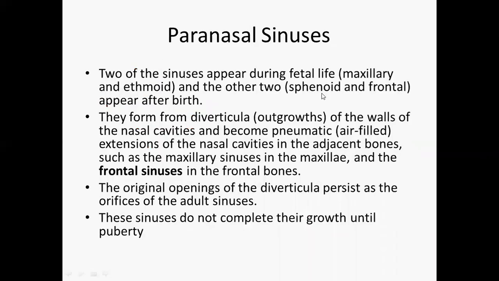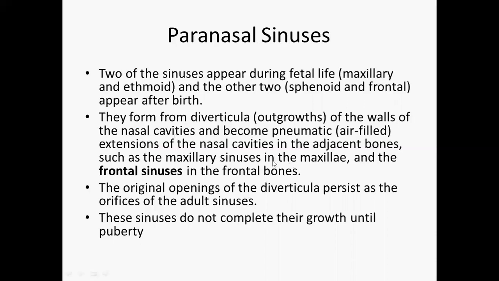Then finally, how the paranasal sinuses are formed. Two of the sinuses appear early during fetal life, that is the maxillary and the ethmoidal air sinuses. So they are present before birth, and the sphenoidal and the frontal appear after birth. They form as diverticula or outgrowths of the wall of the nasal cavities, and they become pneumatic, that is air-filled extensions of the nasal cavity into the adjacent bones.